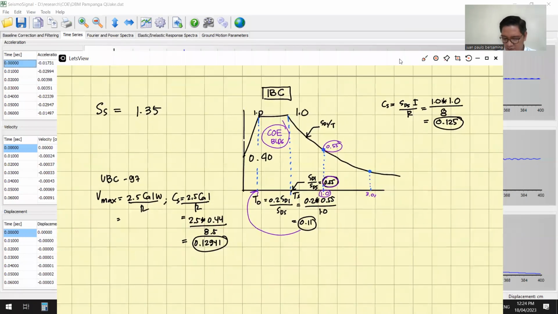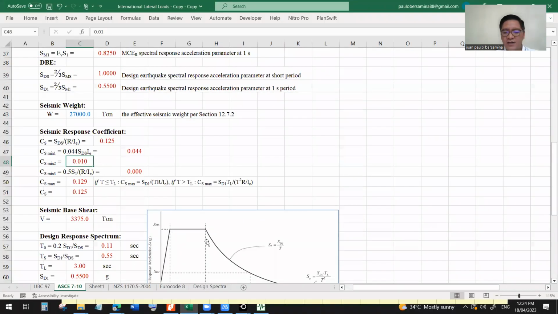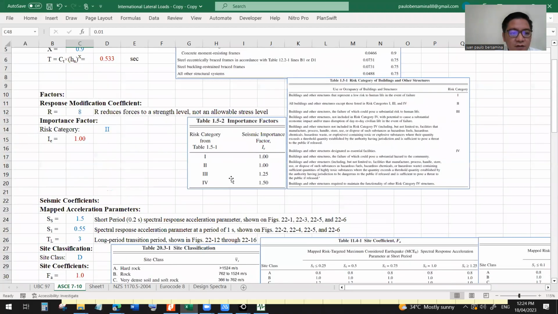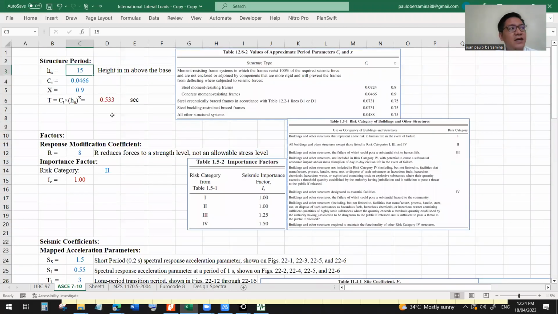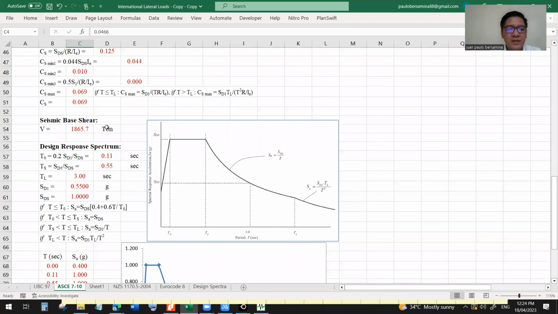Okay. So, last position, no? Let's say we're analyzing a 10-story building. Let's say we make this 30 meters. So, magiging natin, C sub S is 0.069.